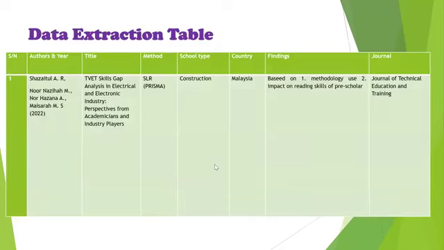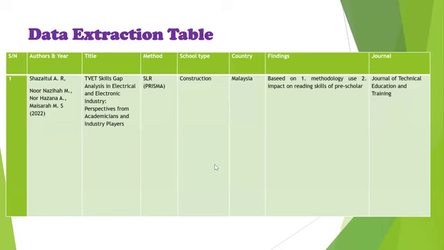Now, this is an example of the data extraction table. In the data extraction table, when you pick each paper, you have to summarize each paper based on what you have: the author and the year. The title is not compulsory. The method that is used in that paper is always good to have.